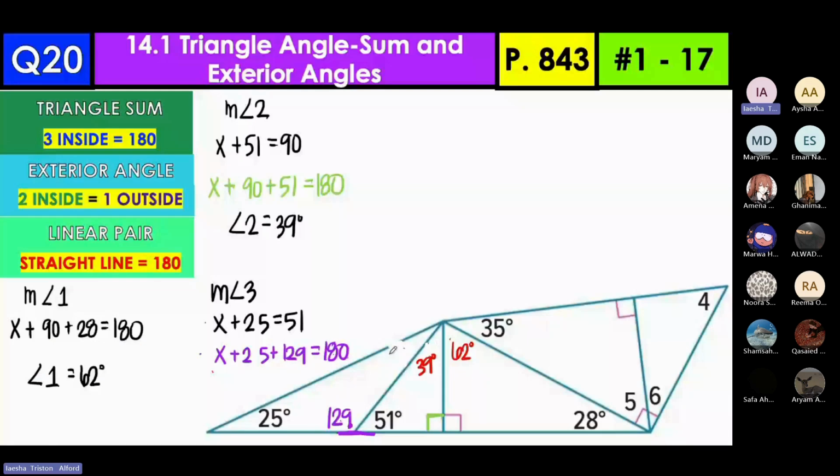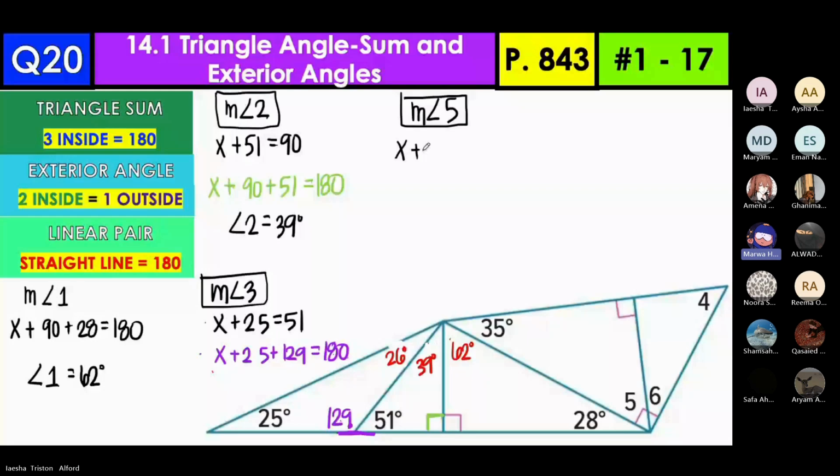Number 4, I don't think we can do it yet. We don't have enough information. So let's go for number 5. How can we get to the measure of angle 5? Triangle sum. So what do you have there? X plus 35 plus 19 equal 180.